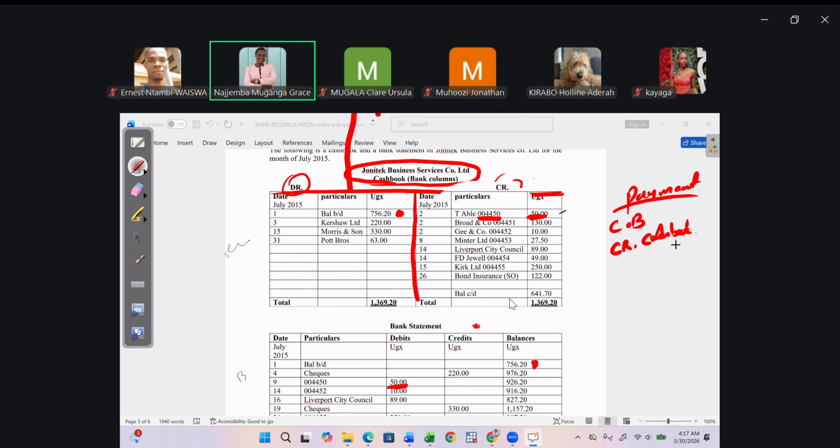Then in the bank, for a payment, we expect that we debit the cash book because we are paying. So you need to confirm these. In the cash book, is it on the credit side? Yes. And in the bank statement, is it on the debit side? Yes. Then we tick.